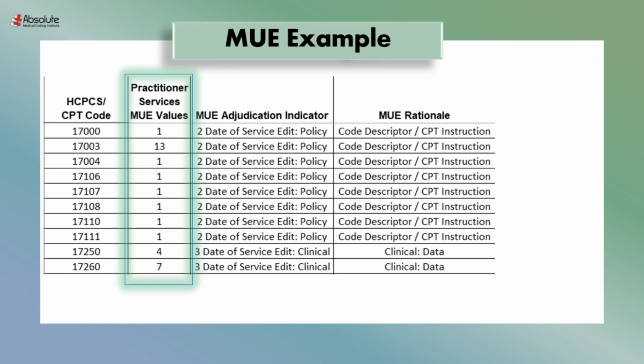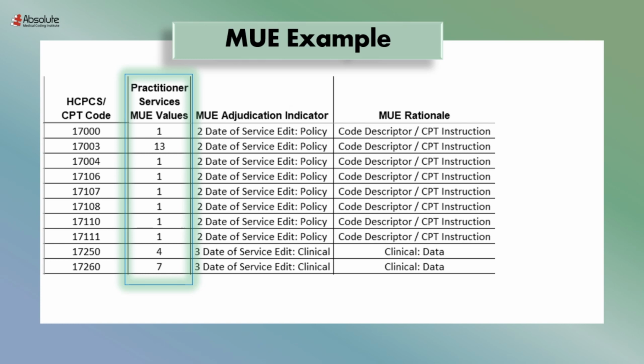So for instance, if you have a MAI of 1, that claim will be adjudicated as a claim line edit, but there may be modifiers that are required to distinguish either maybe repeat services or anatomic differences. Now, when you have an MAI of 2, as you can see, most of them in the third column are a 2.